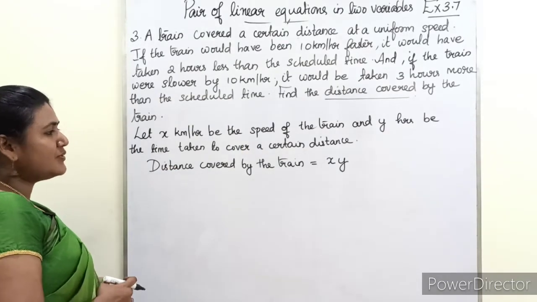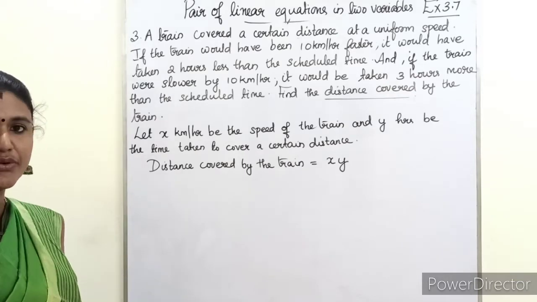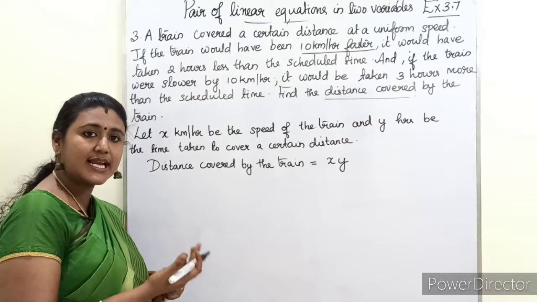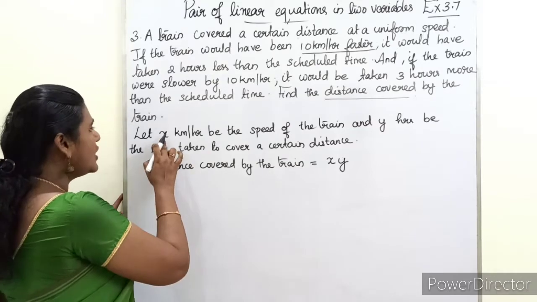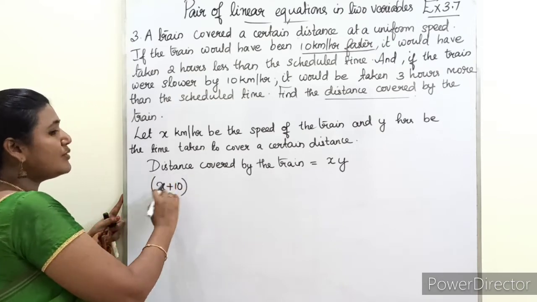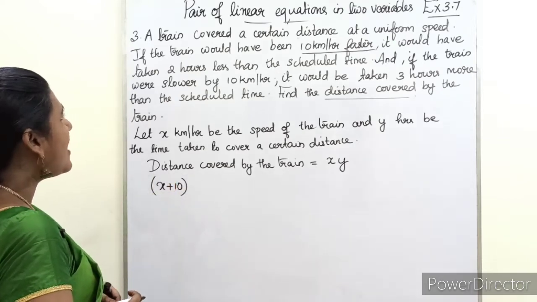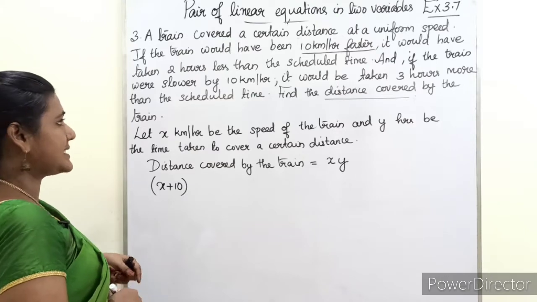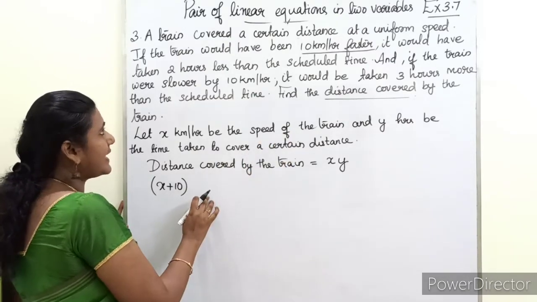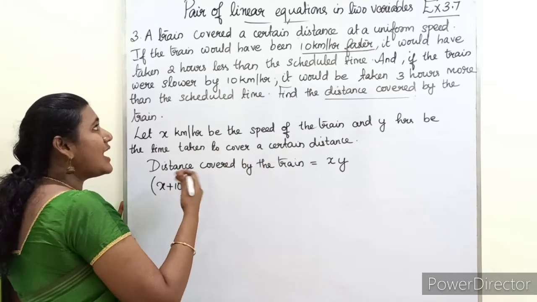Now we are going to derive the pair of linear equations in two variables. So first, if the speed is 10 km per hour faster, we can write that as x plus 10. This is the new speed. Then it would have taken 2 hours less than the scheduled time. So here y is the scheduled time, so it will be 2 hours less.